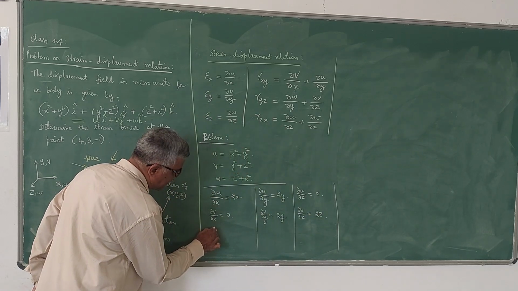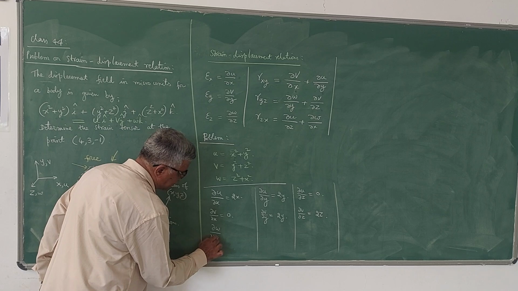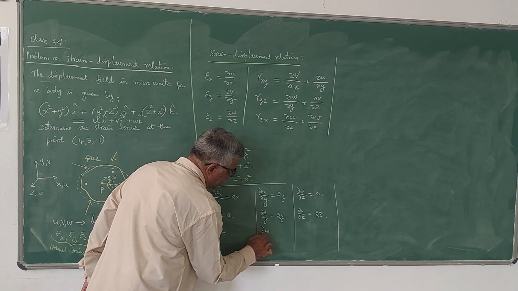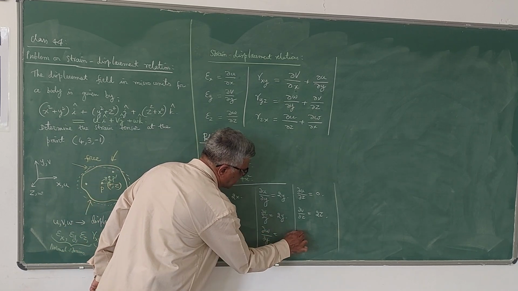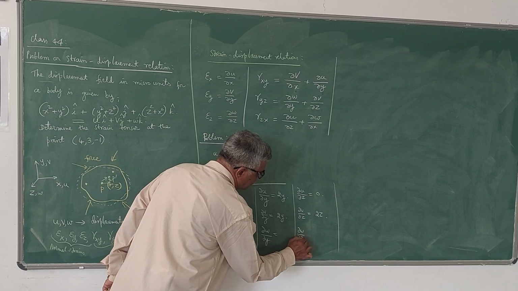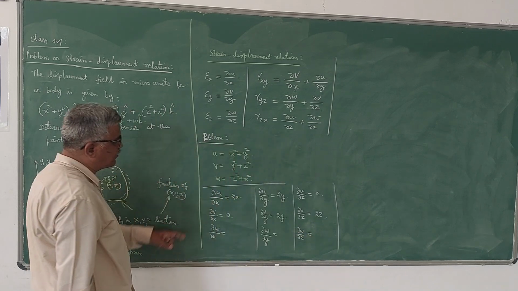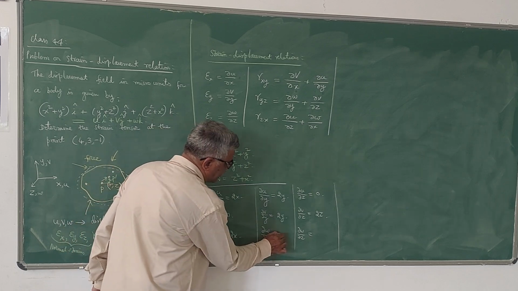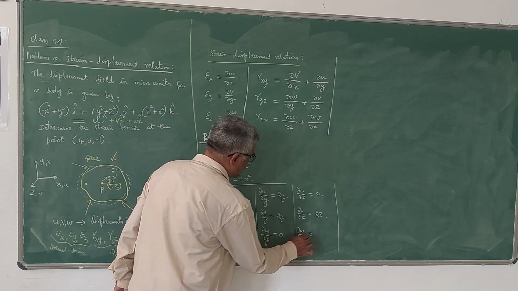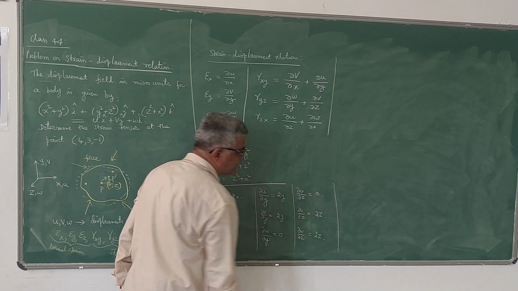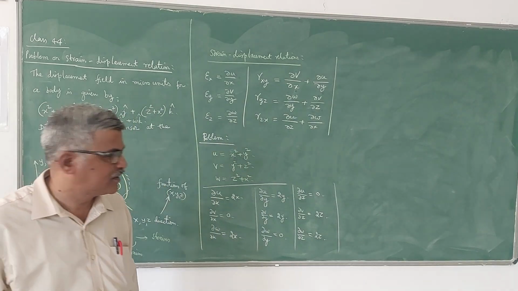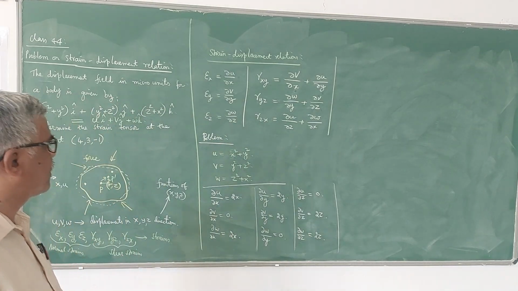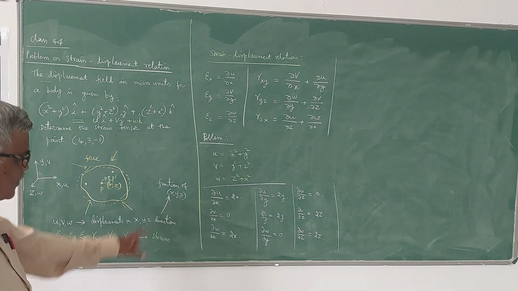Then lastly we have dou w by dou x, dou w by dou y, dou w by dou z. With respect to x, if you differentiate this, you will get 2x. With respect to y, it is 0. With respect to z, it is 2z. Got it? Correct? So these are the derivatives.